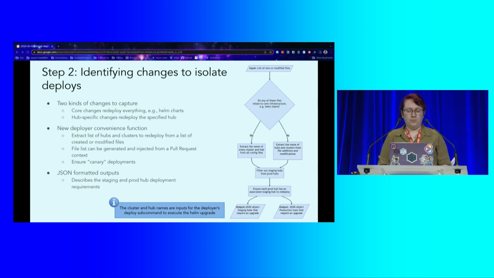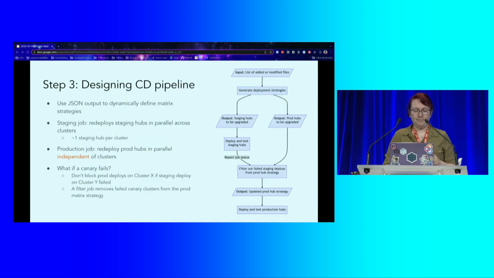And the JSON formatted outputs is going to be important because now we're going to get onto defining our pipeline. This is the coolest thing I learned during this project, because if you have a JSON output that you define in one job, your next job can depend on your first job, and use that JSON output to dynamically define a matrix run strategy at runtime, which blows my mind every time I say it out loud and is like one of the coolest things I've ever learned.